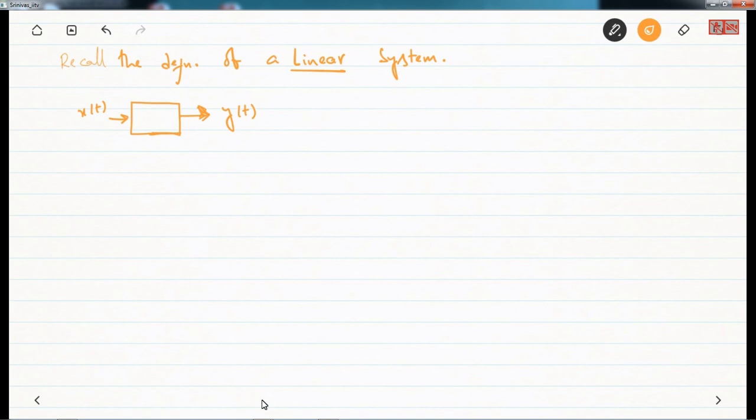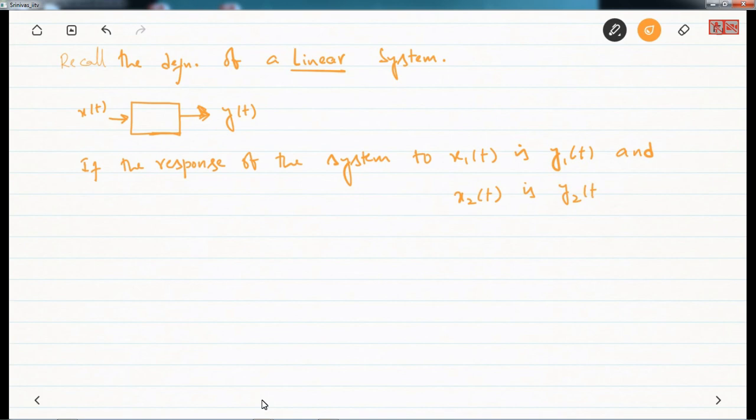If the response of the system, response meaning output, to x1 of t is y1 of t, that means if I give x1 of t as the input, I'll get y1 of t, and the response of the system to x2 of t is y2 of t.